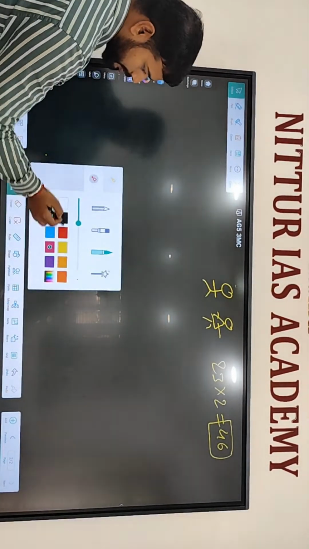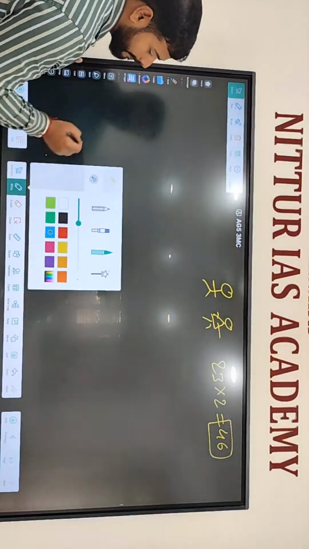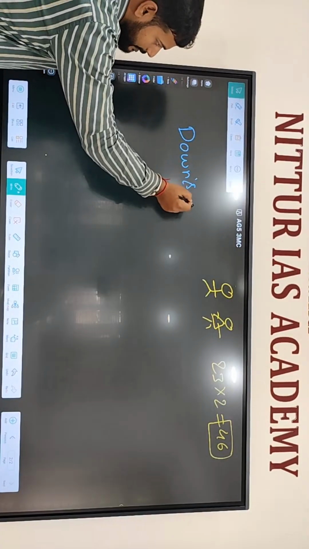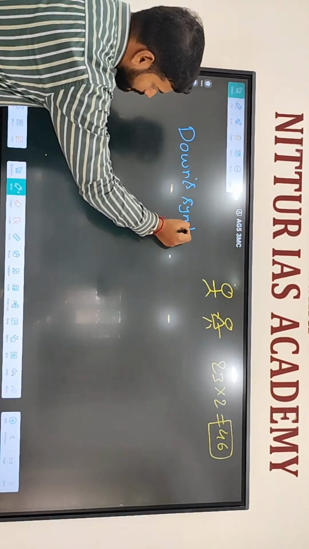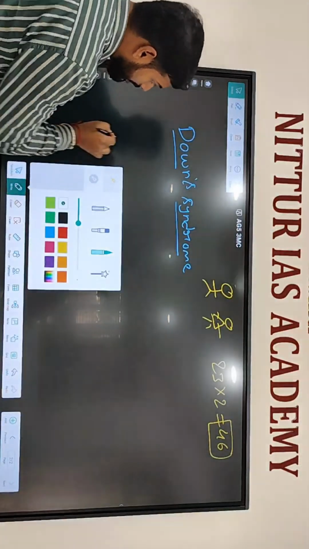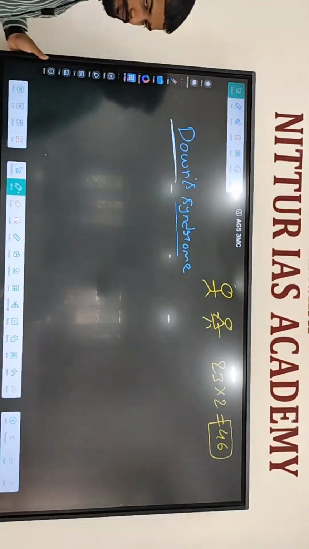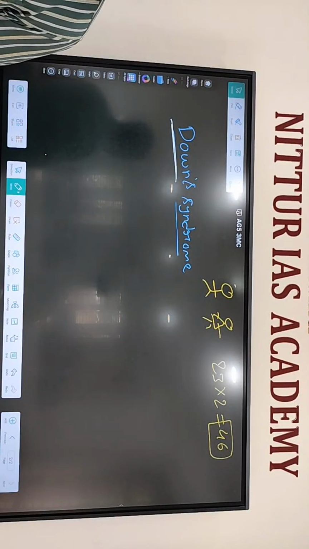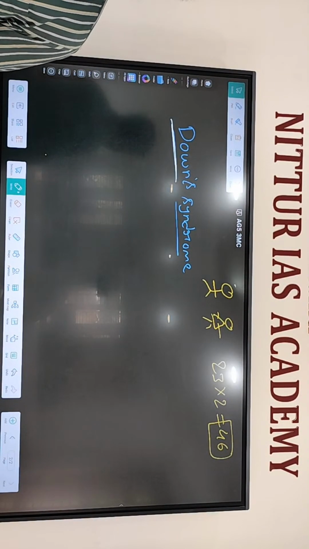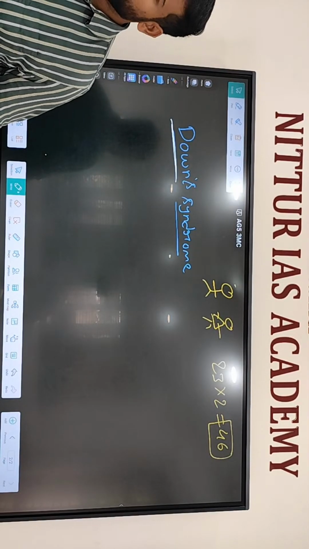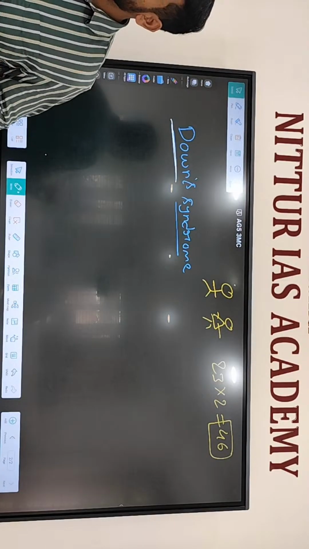Important. Down's syndrome, discovered by Down. His name is Down. Down's syndrome symptoms: it comes to both male and female, by birth only.